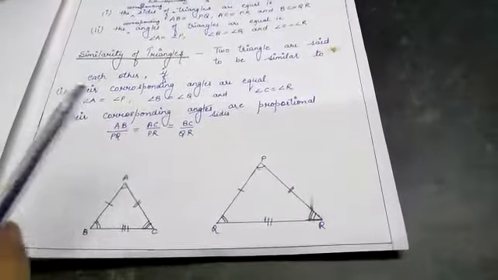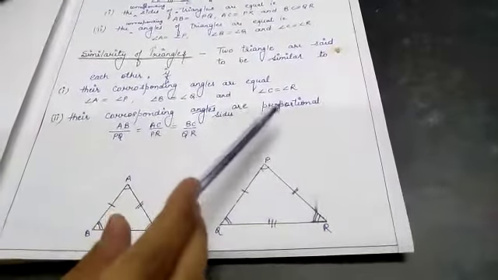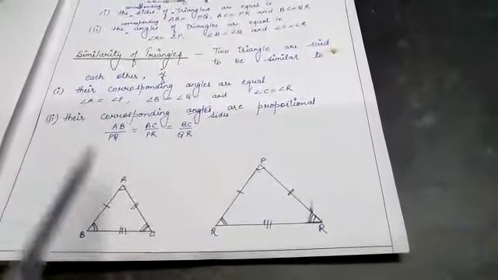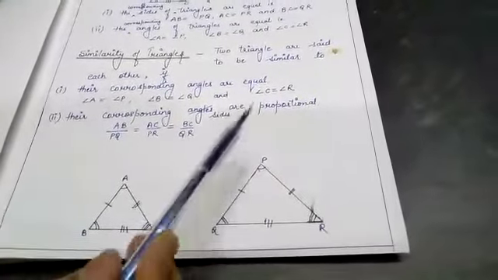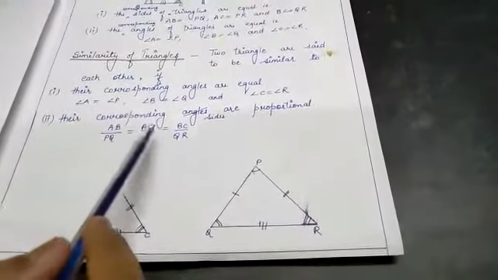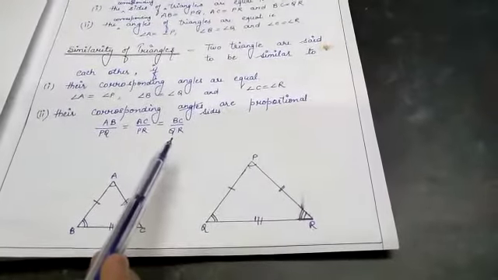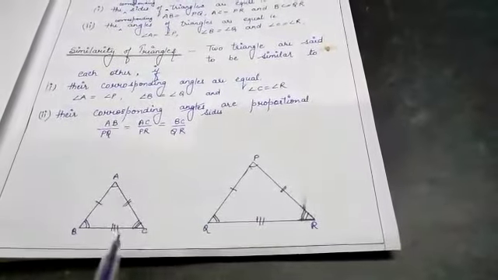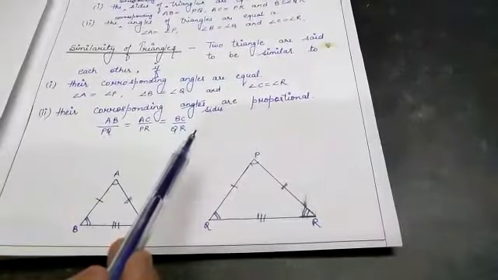So the similarity of triangles means their corresponding angles are equal, that is, all angles are equal, and their sides are proportional. So AB upon PQ equals AC upon PR equals BC upon QR, because their sizes are different. That's why the sides are proportional.